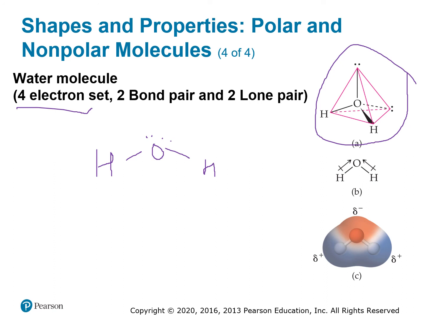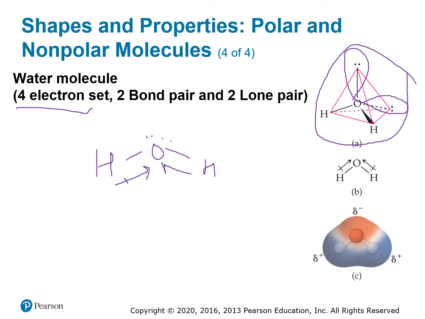But because you have these two lone pairs occupying two sides, what is left is hydrogen, oxygen, hydrogen, which makes for the bent molecular shape, right? So in this bent shape, between the oxygen and hydrogen, oxygen is more electronegative, so the polarity goes in this direction.